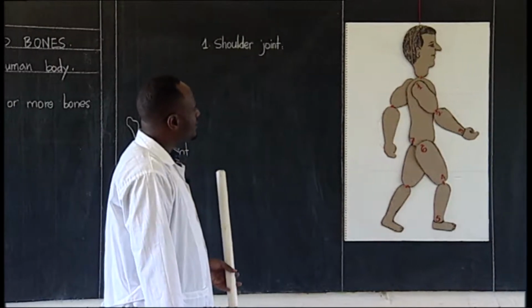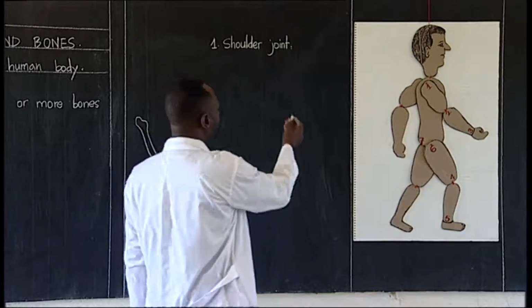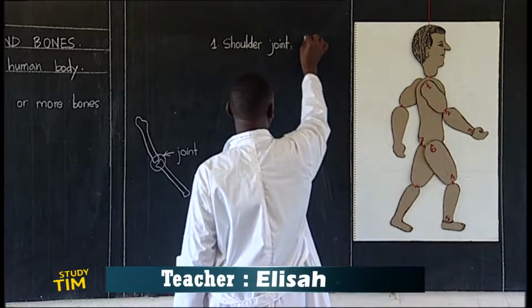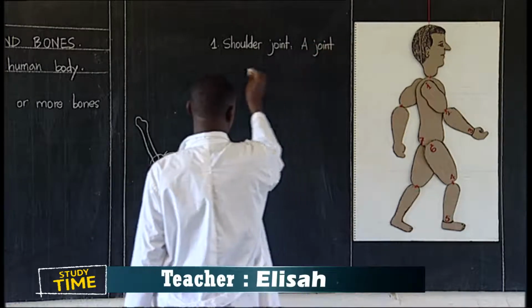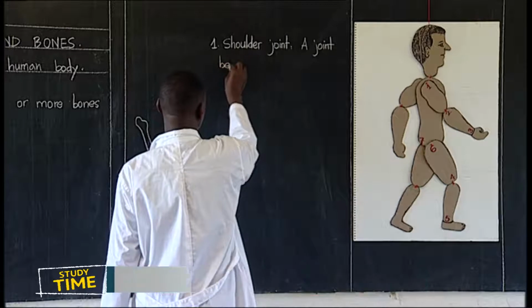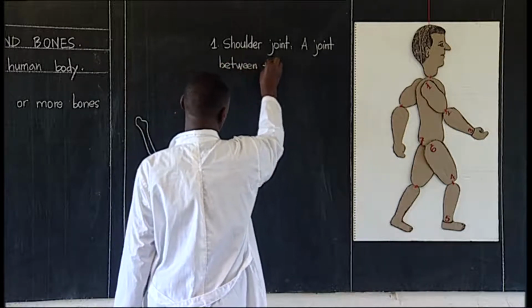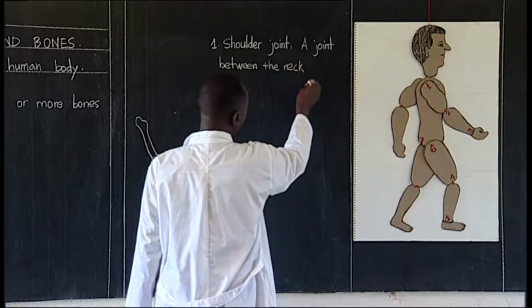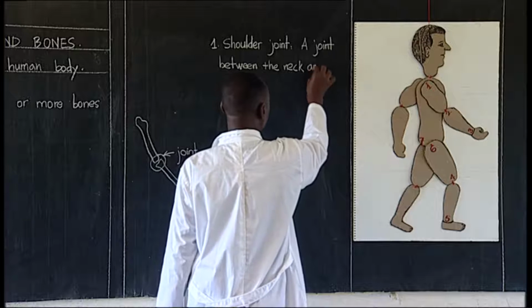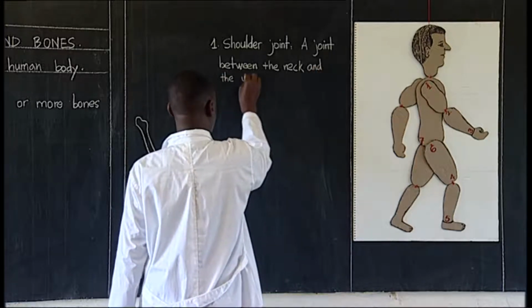So we can simply say that the shoulder joint is a joint located between the neck and the upper arm.